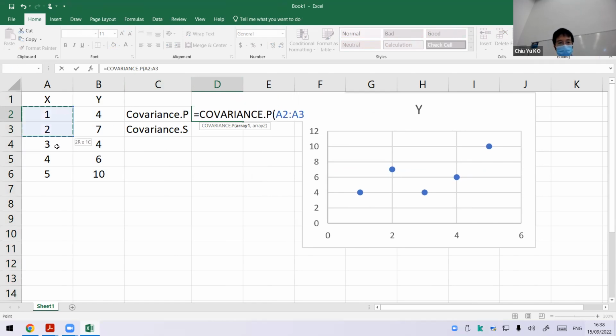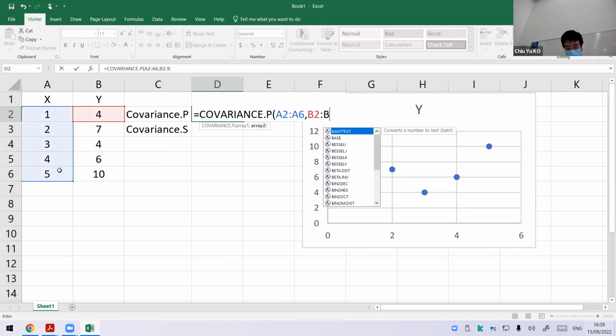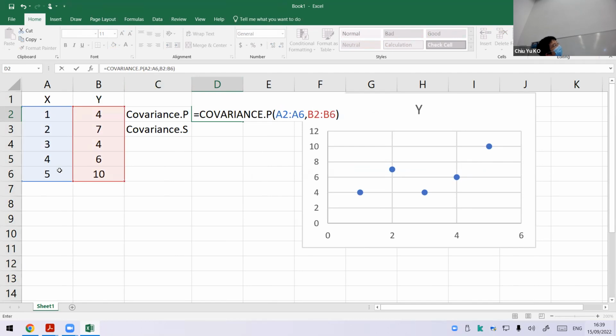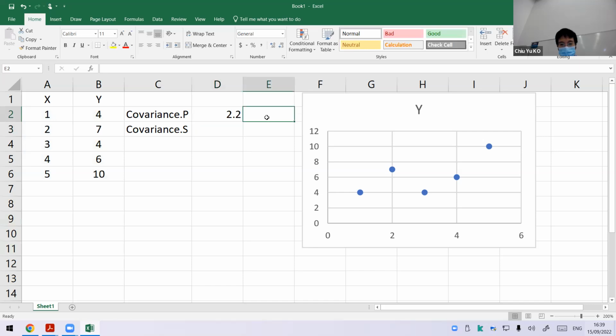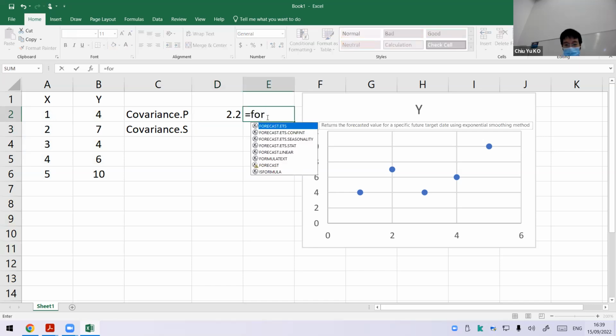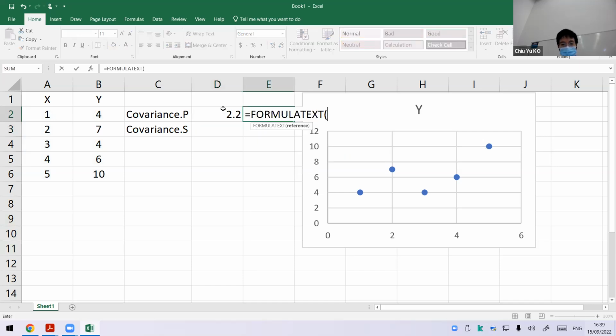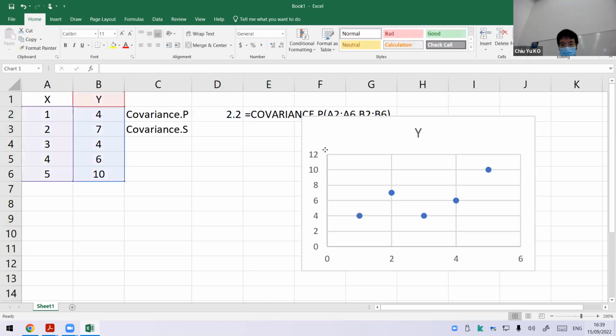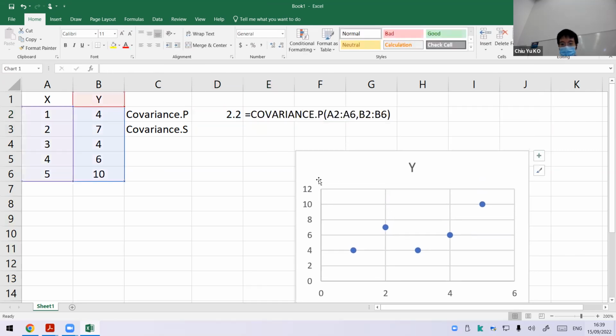First, you highlight the first set, A2 to A6, and then the next set is B2 to B6. That is how you would do it for .P, the population version. In case you don't fully follow, I use formula text here. So this is the covariance.